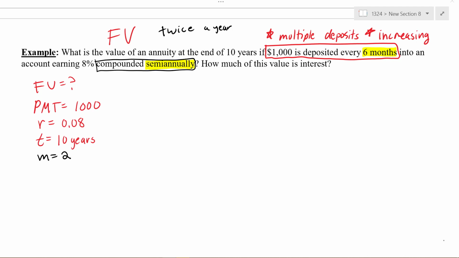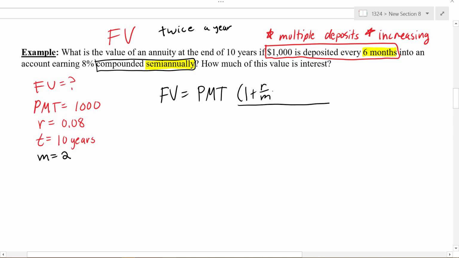All right, so let's do our calculation. Our future value is equal to the payment times, and we have a fraction, 1 plus r divided by m raised to the m times t power. We're going to subtract 1 from that. We're going to divide by r over m. So let's plug in our values. Our payment is 1,000.